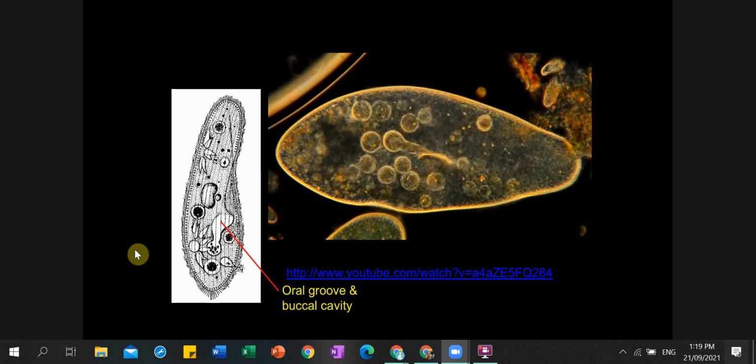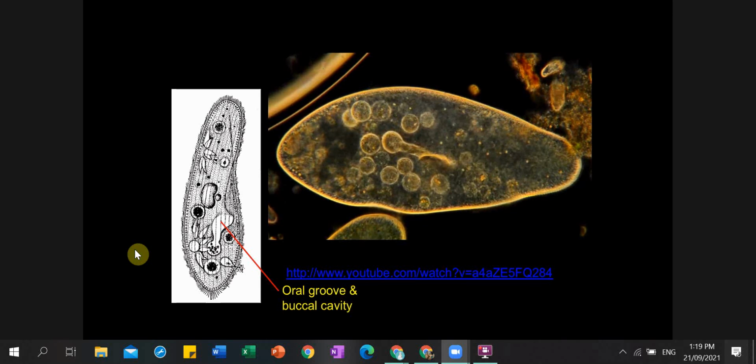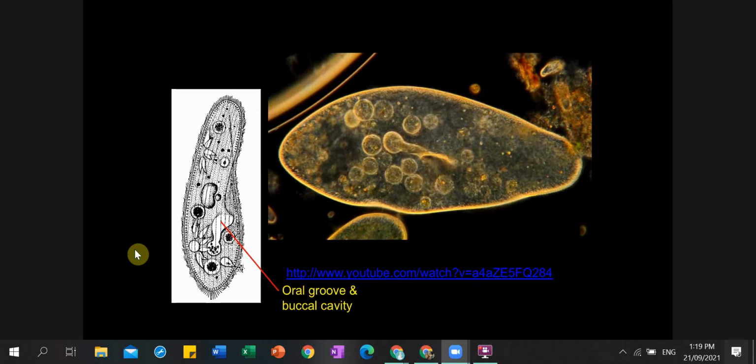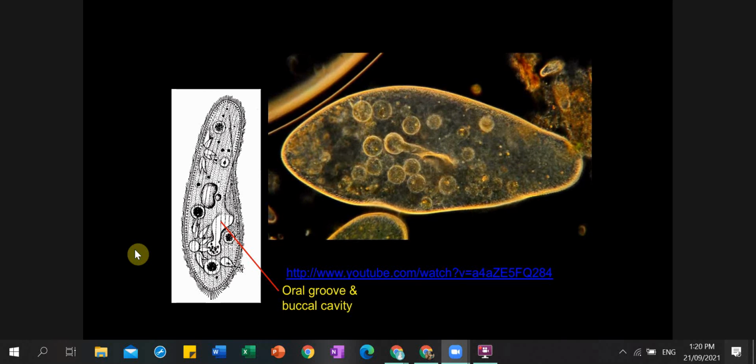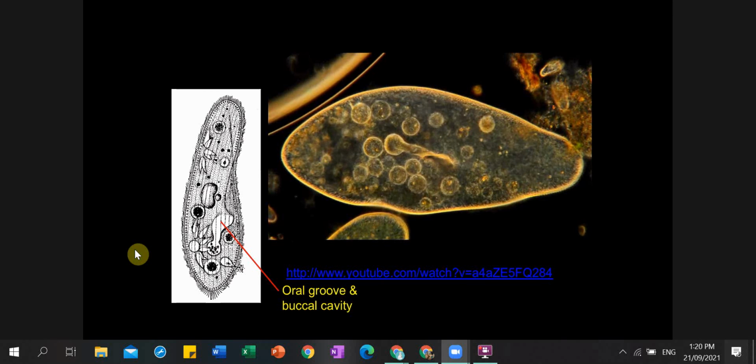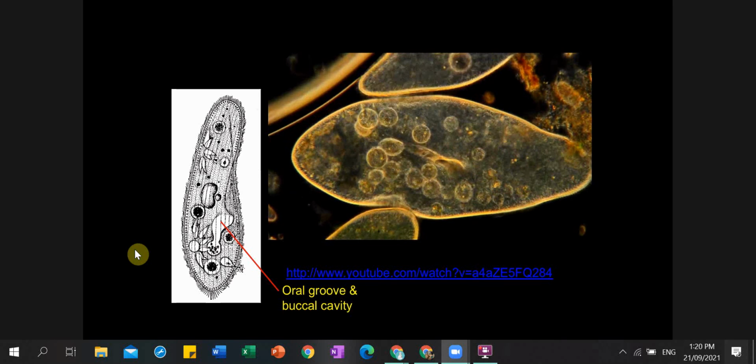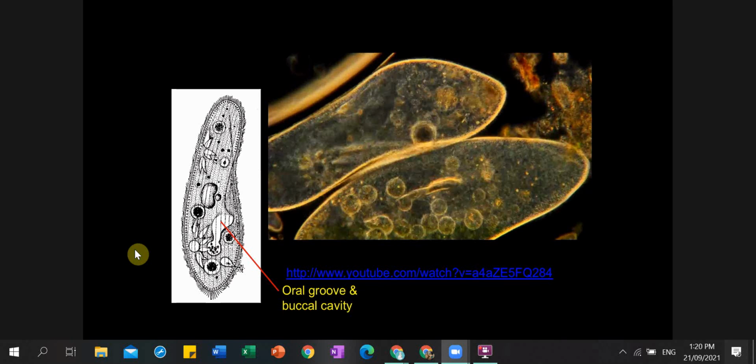If it's the buccal, oral cavity... groove, I think it's the oral groove. And what is going on there? The buccal cavity is transferring the food to the oral groove, I believe. Transferring the food.